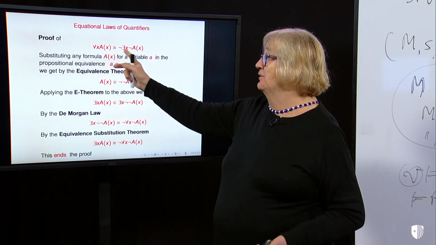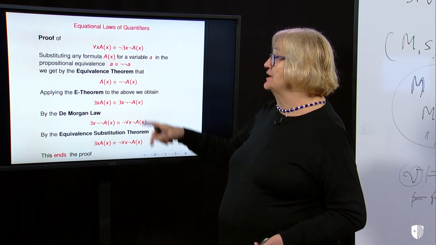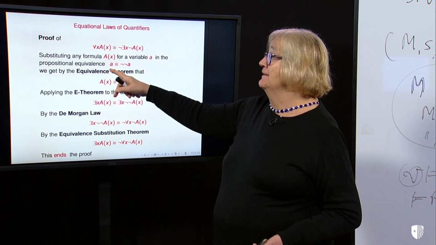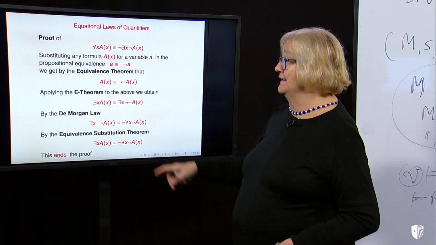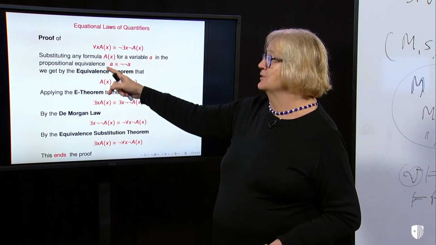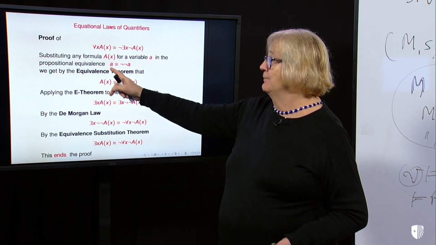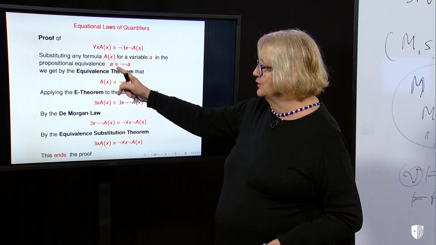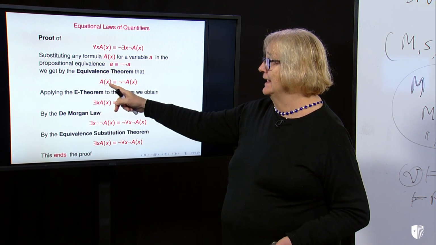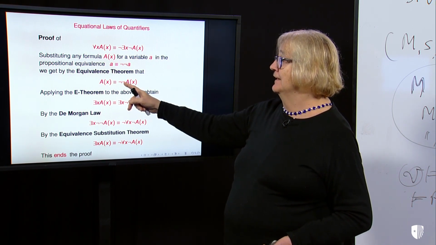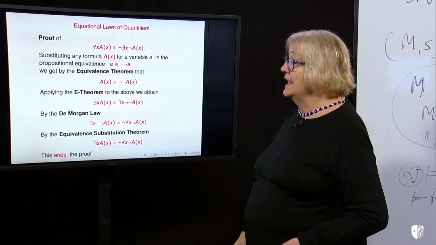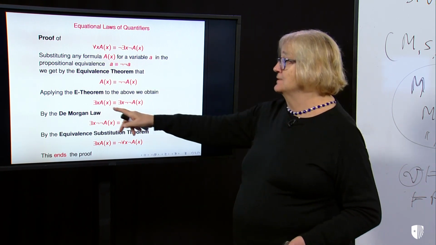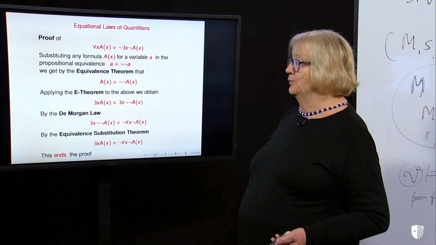And here is a nice proof. You want to prove this, so you substitute for the formula A and use the propositional equivalence. So this is a propositional equivalence. We substitute for A(x), and I get A(x) logically equivalent to double negation of A. From that you get this, and then you have the equivalence theorem, so you put the quantifier on both sides.